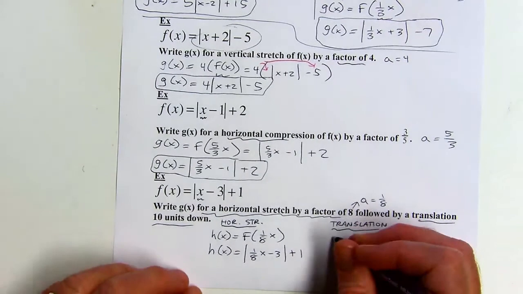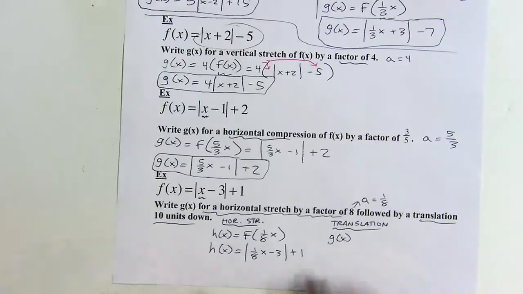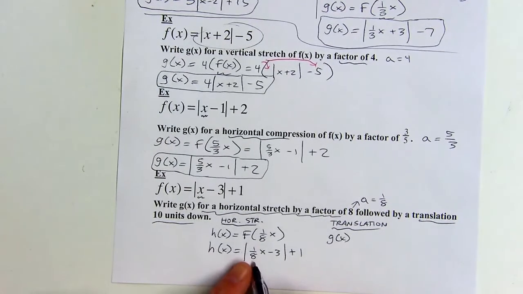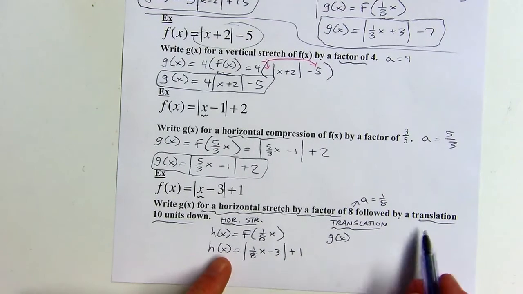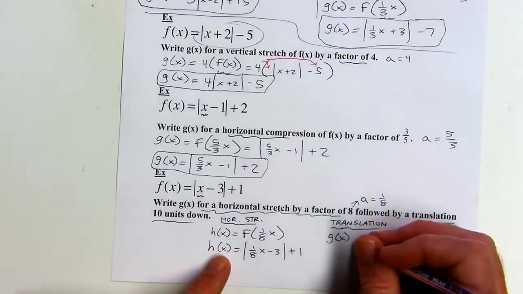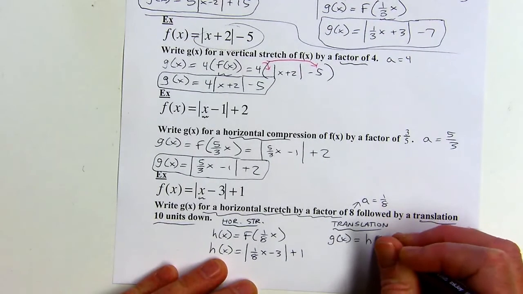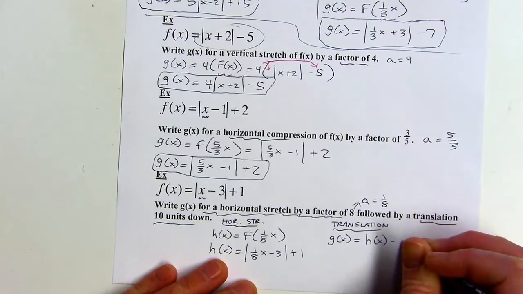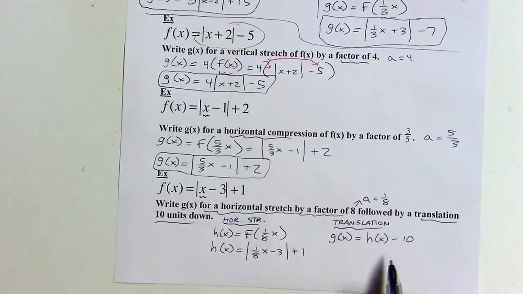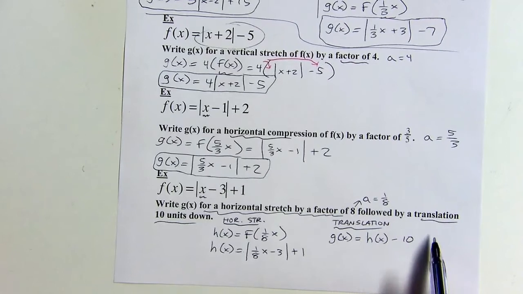Okay, and after I do the translation, this will be finished. So I'm going to say that this is going to be function g, because I'm going to work on function h. Okay, so I'm thinking, if I wanted to translate this 10 units down, then I'm going to take h of x and subtract 10 like that on the outside. If you subtract on the inside, you'd actually be moving it to the right. That's not what I want. I'm moving down. Okay?